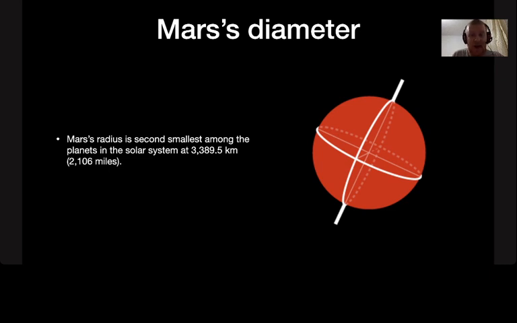I forgot to make a comparison with Earth, its size and that, but it's the second smallest planet in the solar system, apparently. Before 2006, Pluto was the smallest planet in the solar system, making Mars the third smallest planet in the solar system. But since 2006, Mars has been the second smallest planet.